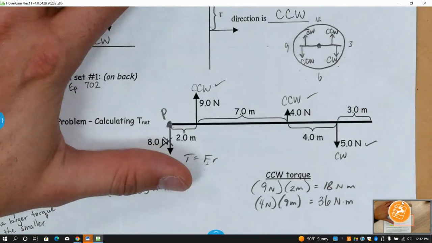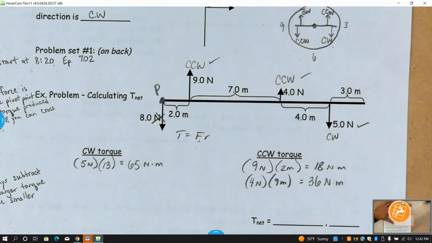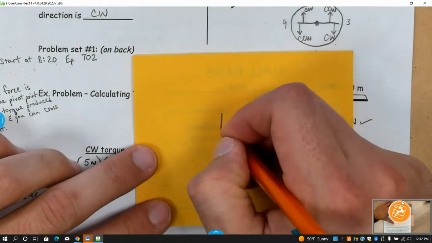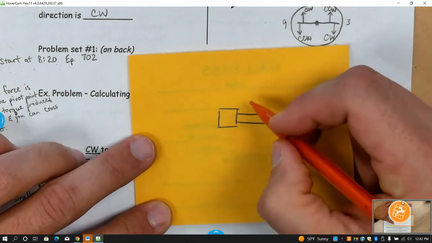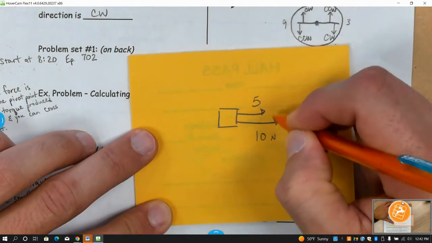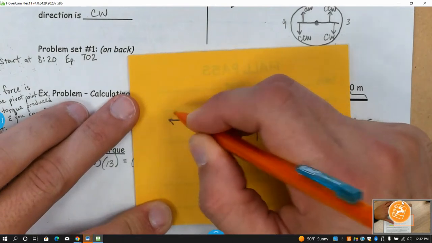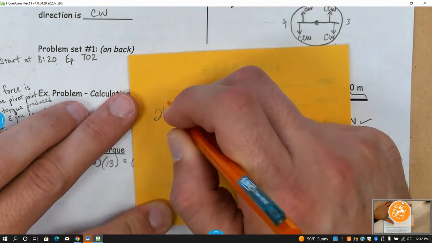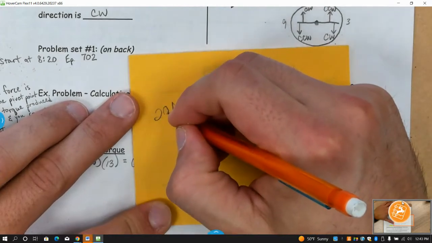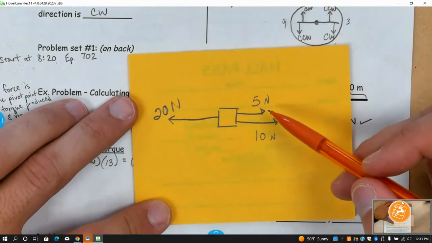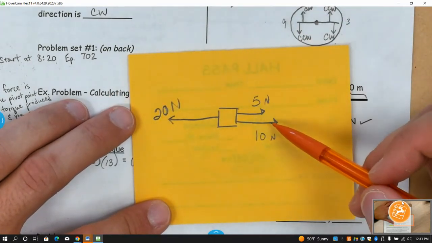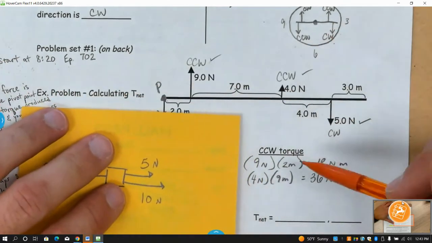This is a throwback. If this was 5 and this was 10 newtons, and you had a force in this direction of 20 newtons, and I asked you to find the net force, it's 5 newtons to the left. If they're in the same direction, you add them, like what we have to do right here.